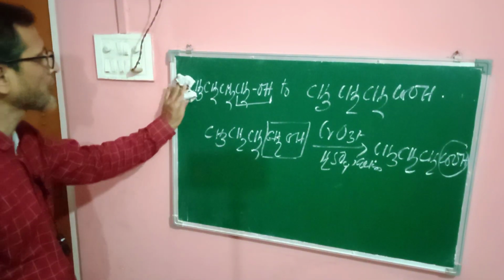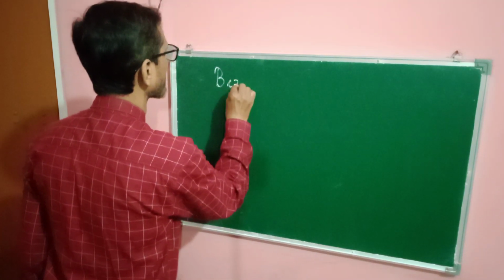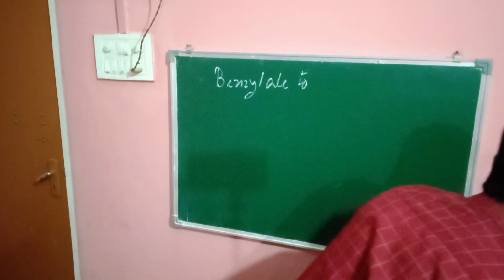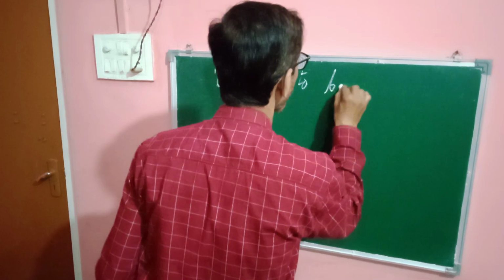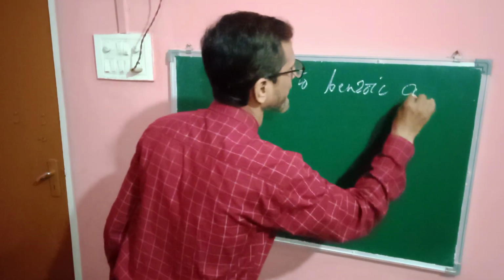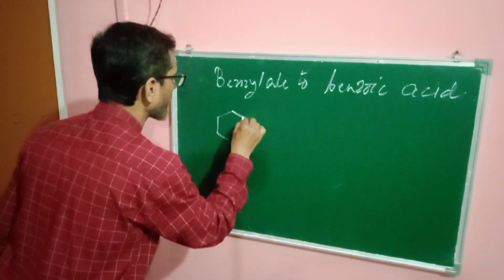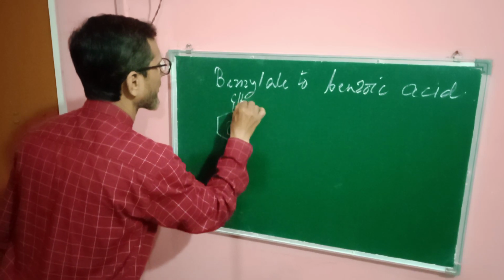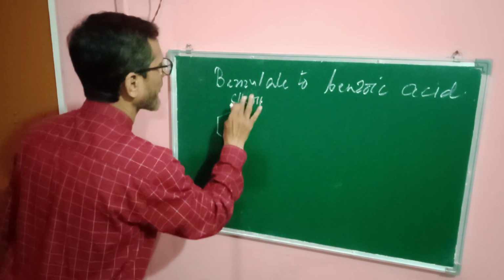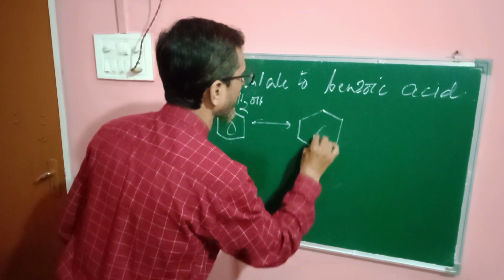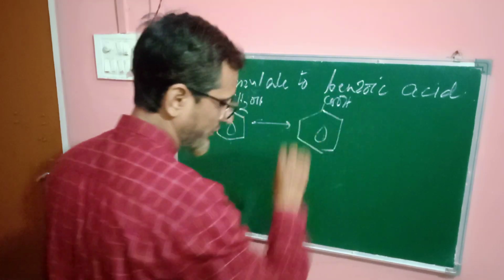The second question is given as benzyl alcohol to benzoic acid. First, you draw the structure and then you think how to convert. This is benzyl alcohol. Benzoic acid.